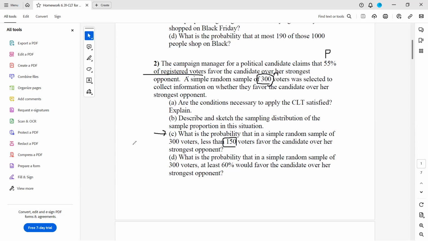That's an X. So your proportion here is going to be your sample. Why do I know that? Because look, in a sample of 300 voters, they're talking about that 300 voters up there, less than 150. So your P hat here is my sample proportion. Remember, this is X over N.